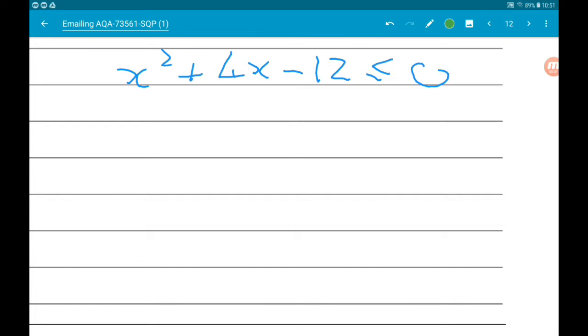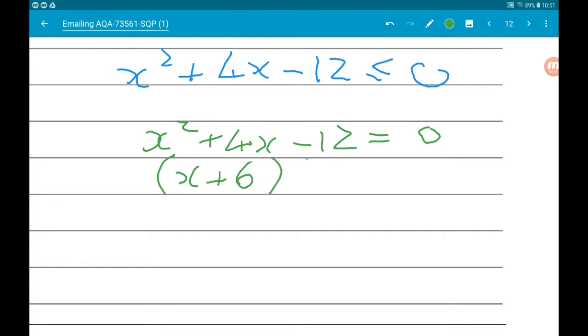Okay, so to solve this, we now need to be thinking about the graph of the quadratic. So what we're going to do is set x squared add 4x minus 12 equal to 0. We're going to factorize it to x plus 6 times x minus 2.